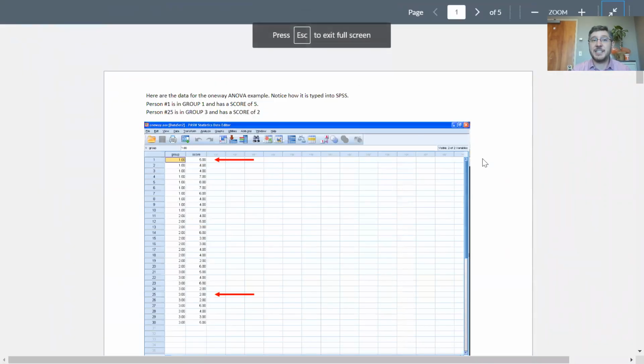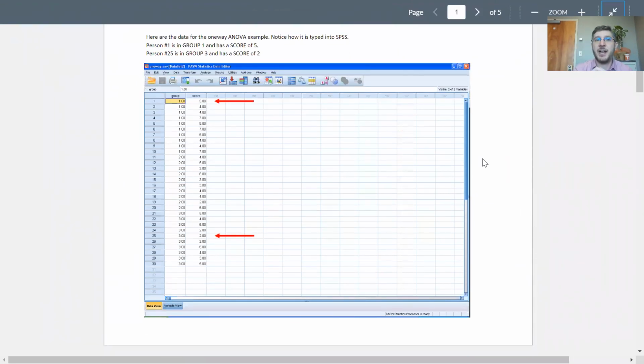Here's my SPSS handout. This first page shows you how you enter the data into SPSS. Notice how it's typed in. Remember, we put our variables in the columns, and each individual is in a row.